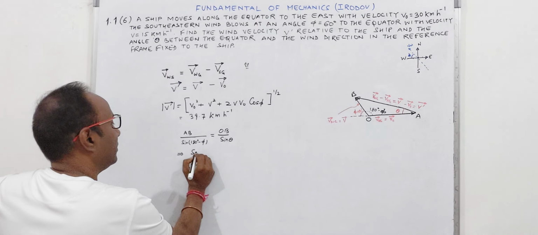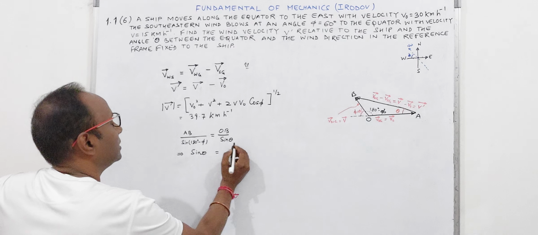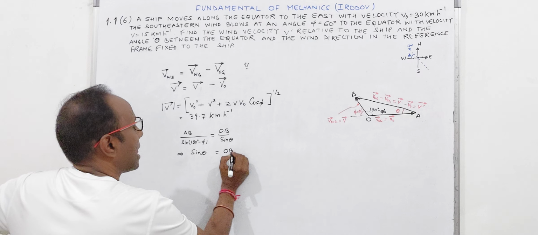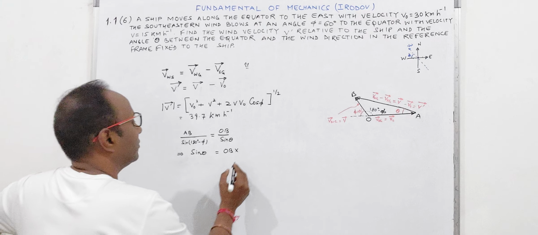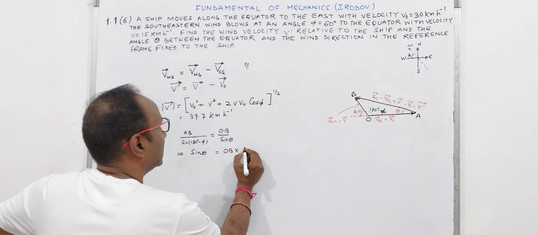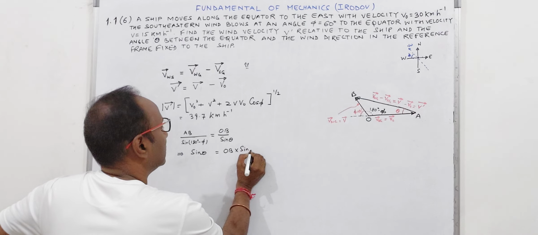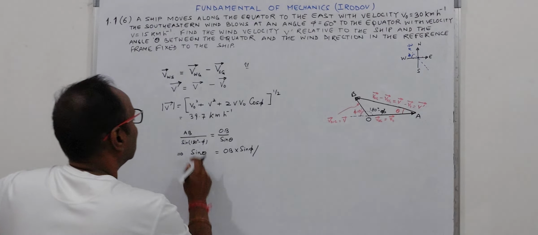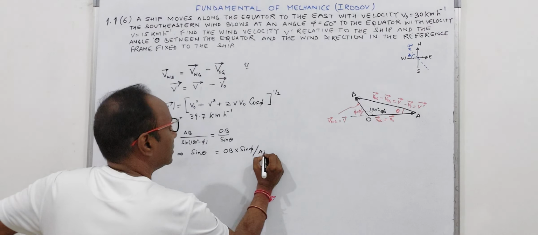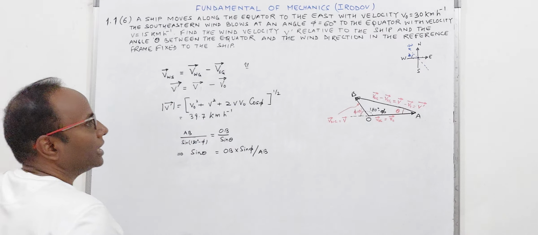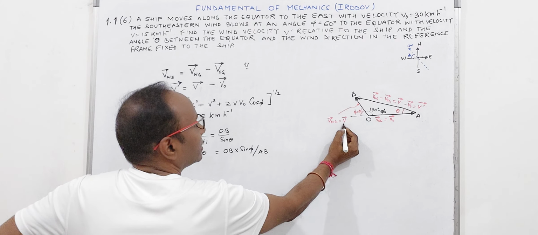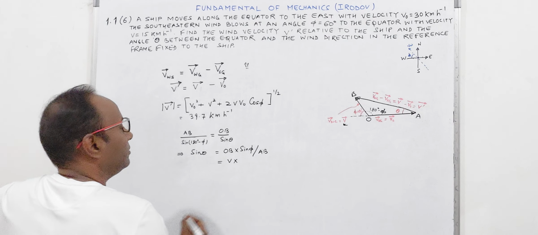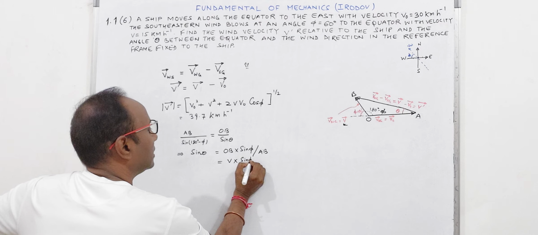Theta we can bring to this side. So sine theta equals OB into sine of 180 degree minus phi, which is sine phi, divided by AB. OB is nothing but v, that is wind speed with respect to ground, sin phi.